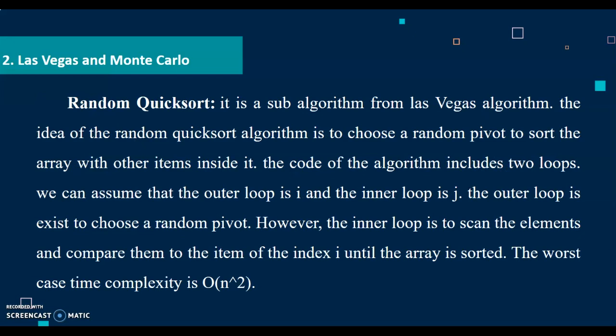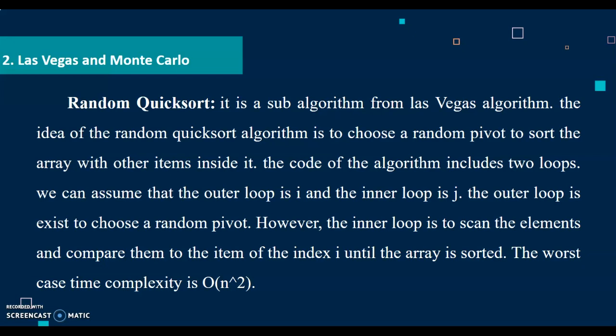Randomized quick sort is a sub-algorithm of the Las Vegas algorithm. The idea of the quick sort algorithm is to choose a random pivot to sort the array with other items inside it. The code of the algorithm includes two loops.